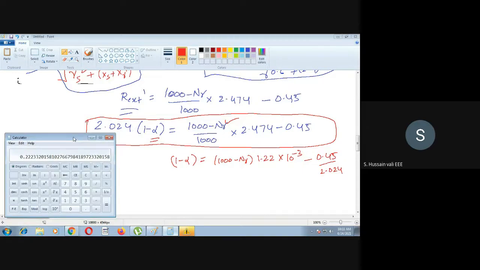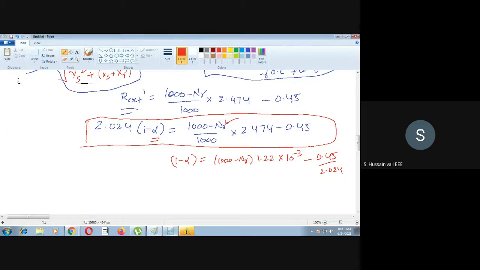That gives 1.223. So 1.223 minus 1000 minus Nr into 1.22 into 10 power minus 3 is equal to alpha.